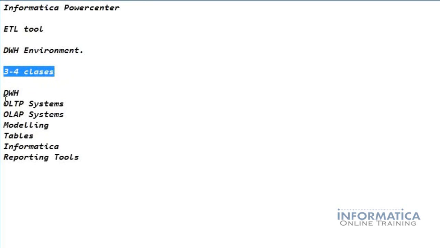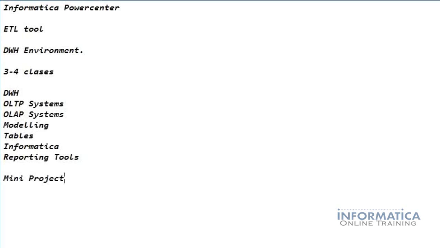Okay. As a part of this training, we are going to understand even a mini project, and when we discuss the classes, we are going to work on this mini project. We are going to implement this as a part of this training.